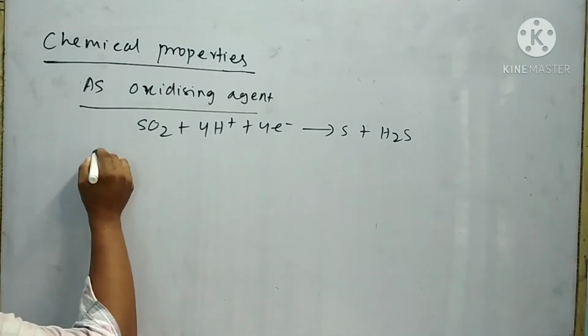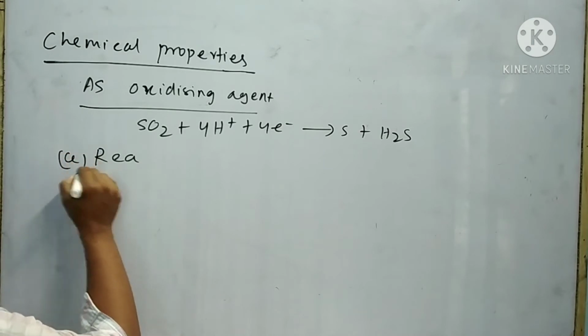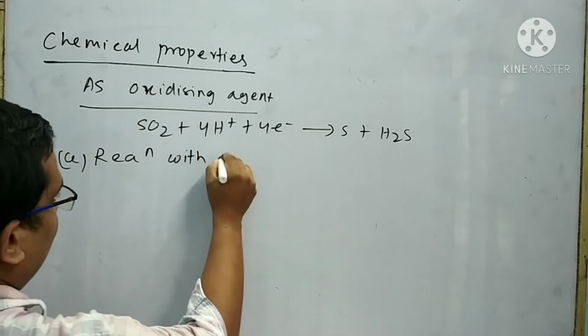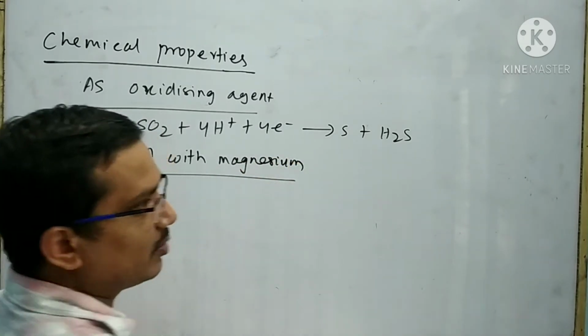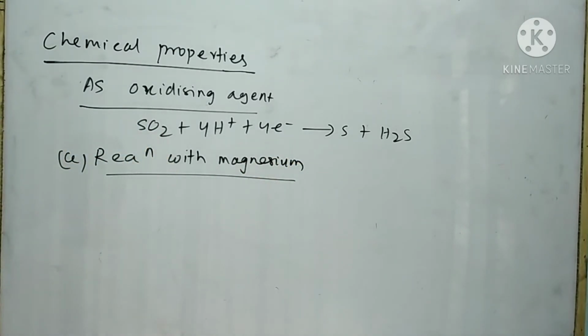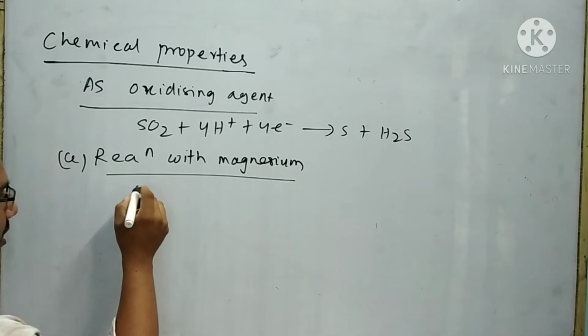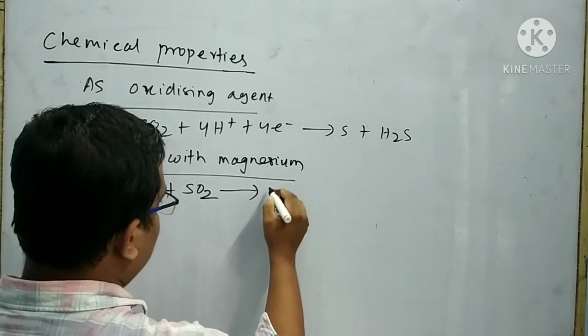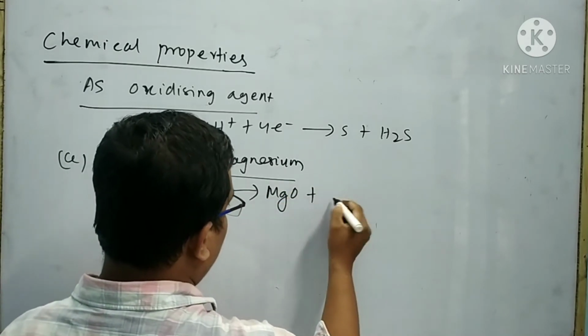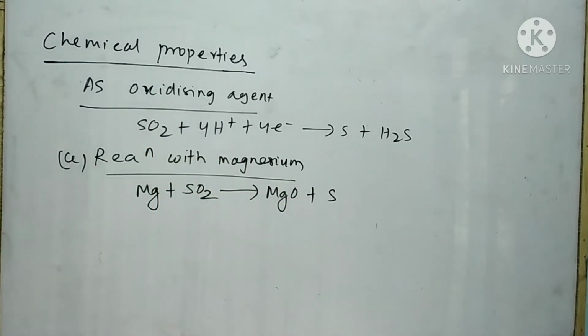First reaction is reaction with the magnesium. When magnesium is subjected to reaction with sulfur dioxide, then magnesium oxide and sulfur are formed. So I can write the reaction like this: magnesium plus sulfur dioxide gives magnesium oxide plus sulfur. In this reaction, sulfur dioxide acts as an oxidizing agent.